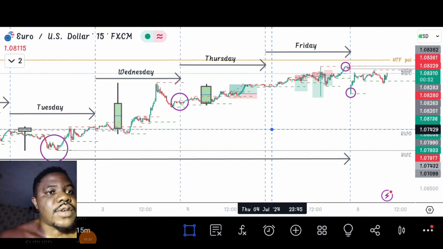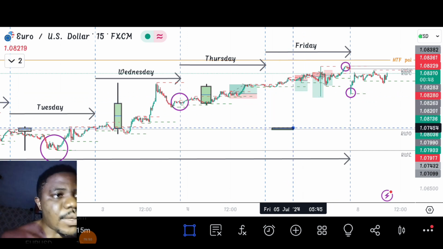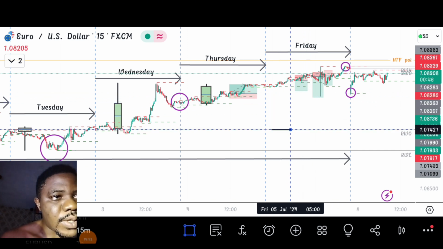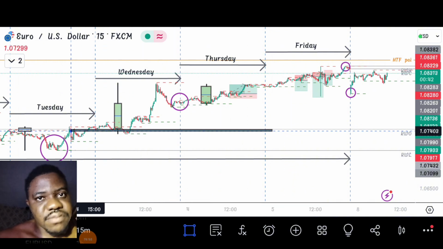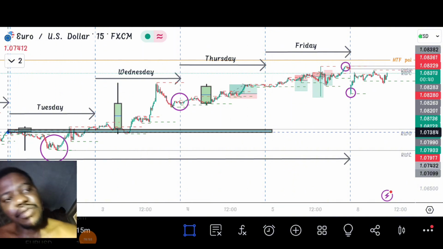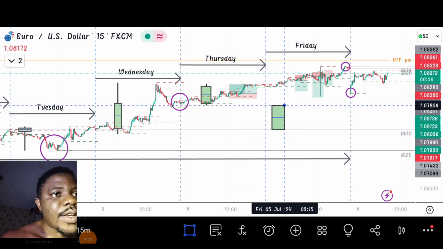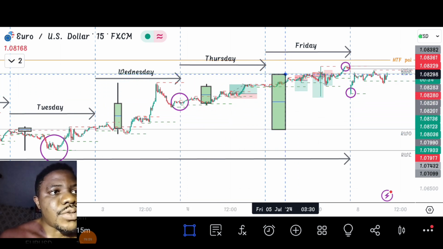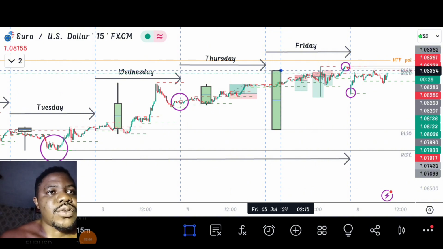So from here, I'll choose this point. This is the recent weekly open line, so if we want to trace from back, that's why we have that line there. We'll drag it all the way to the recent weekly close, and our recent weekly close is here.